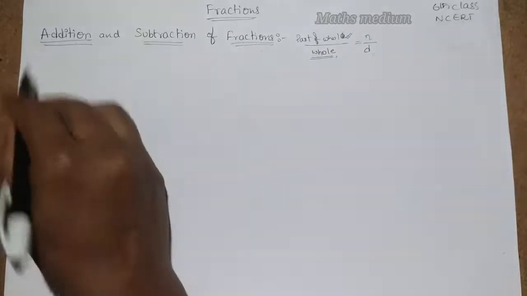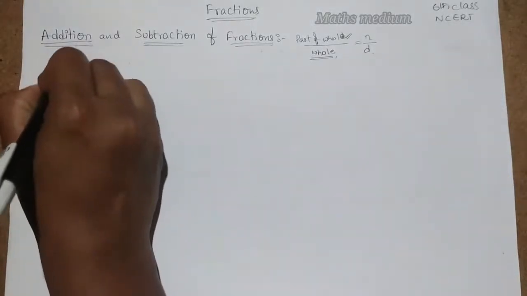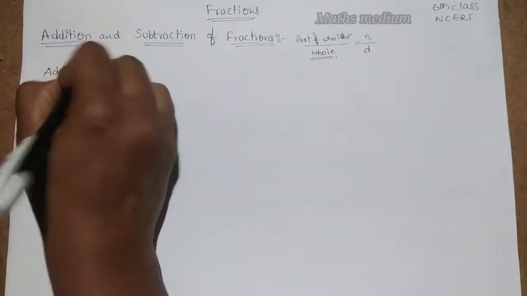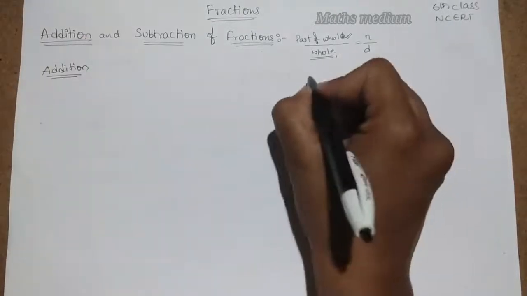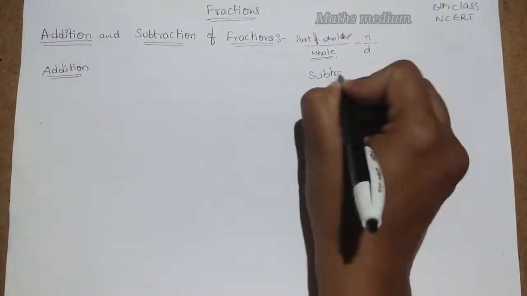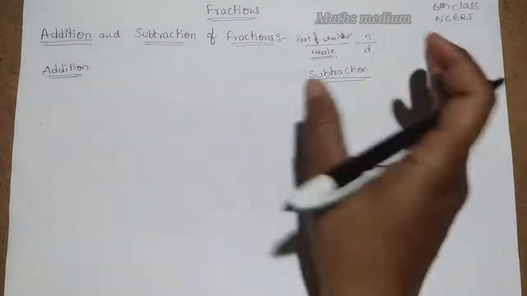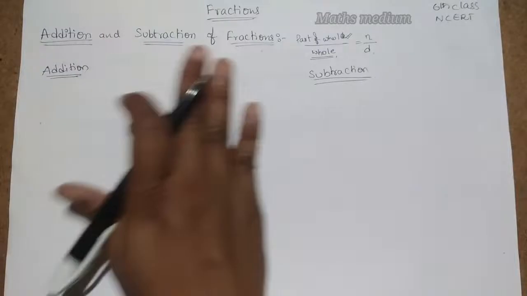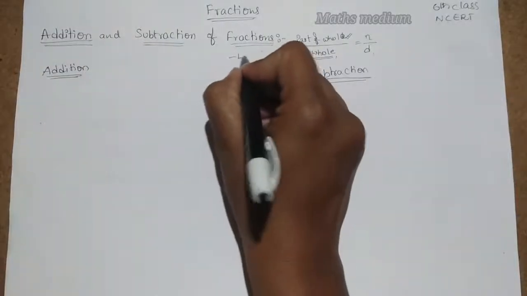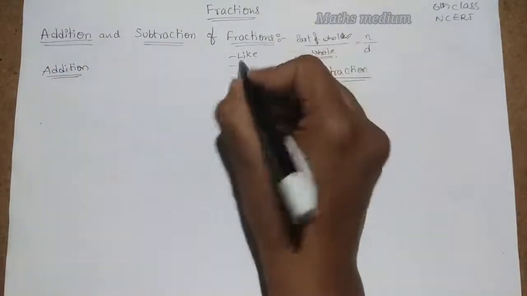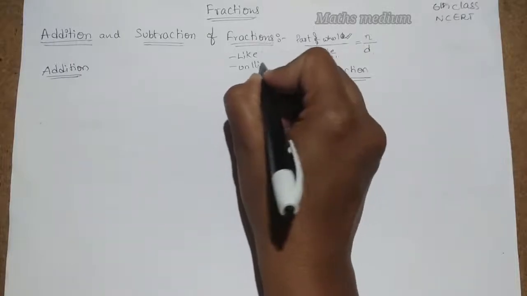Okay. Now coming to addition and subtraction. Why am I writing it like this? I am going to tell you the reason, because we know the types of fractions. One is like fractions, another is unlike fractions.